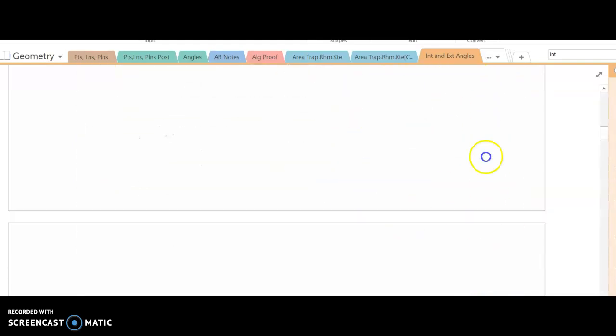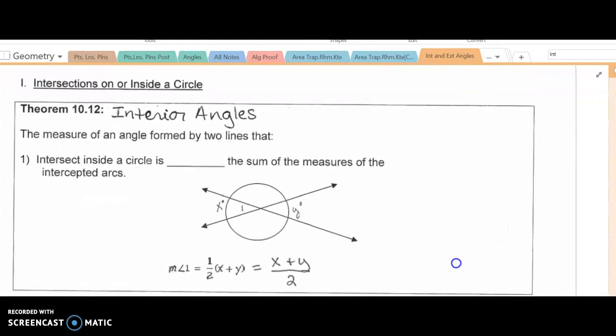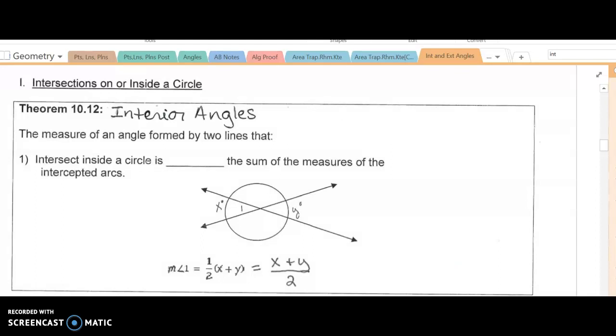Okay, so now that we know that, we can go to our first theorem of the day. This is for interior angles, because what we're looking for is angle 1, and angle 1 is somewhere inside the circle.